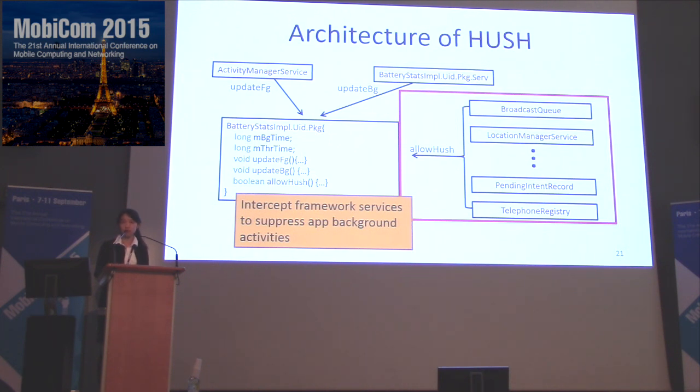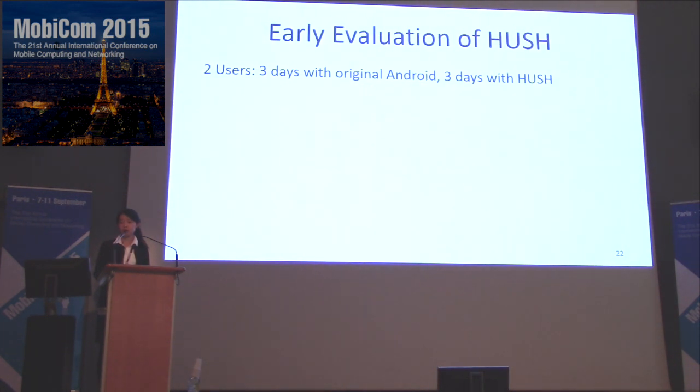By the way, the central Hash component maintains the threshold time for each app, and it is updated whenever a foreground or background activity happens. We also evaluate this Hash implementation on 2 phones used by 2 normal users. We ran the original Android for 3 days and ran Hash for another 3 days.